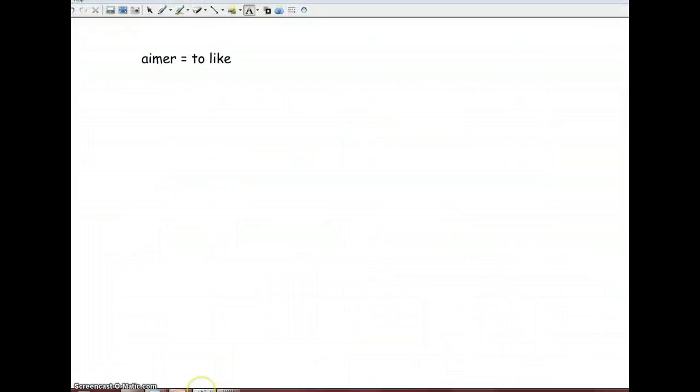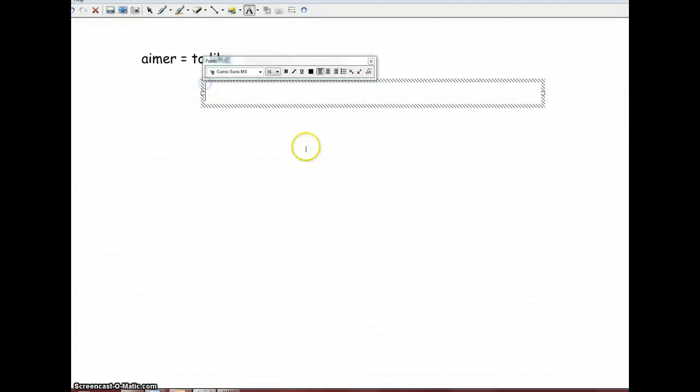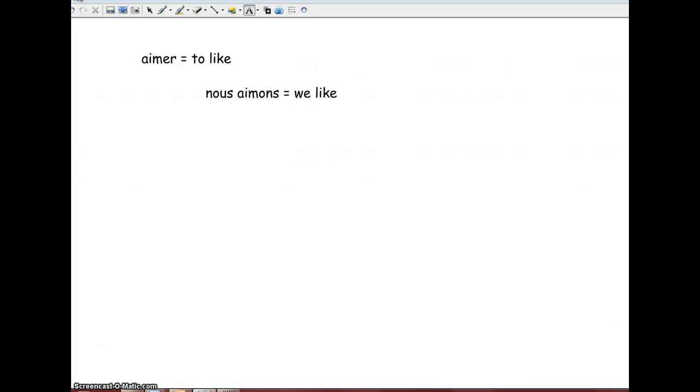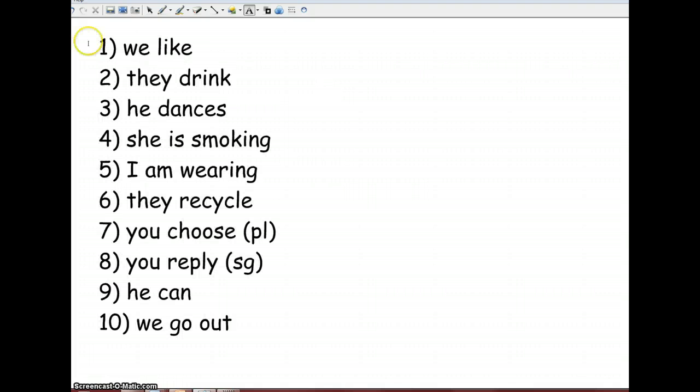So what we need to do then is take off the ER of the infinitive, and put on that ONS. And then if we put our word "nous" at the front, we have nous aimons, which means we like. Right, let's go back to number 2 then.